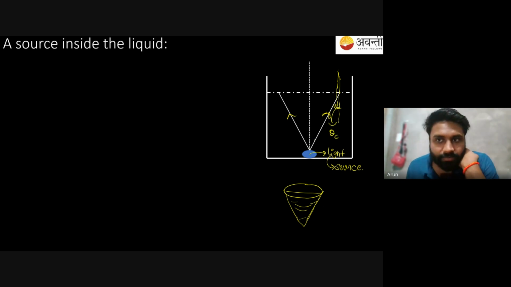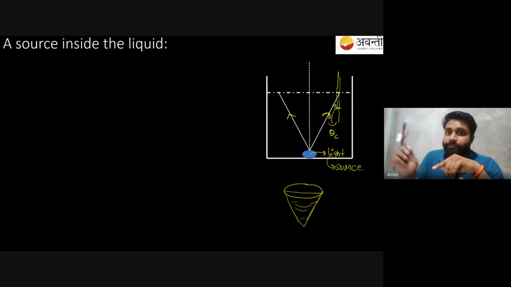If this ray falls on this boundary at an angle greater than or equal to the critical angle theta c, then what will happen? For the critical angle, there is a concept TIR that we have learned. This ray would not go to the other medium. It gets reflected or moves along the boundary. So if this ray falls at an angle of theta c, no ray will come out of the liquid after that.